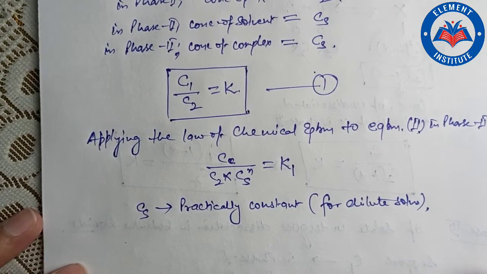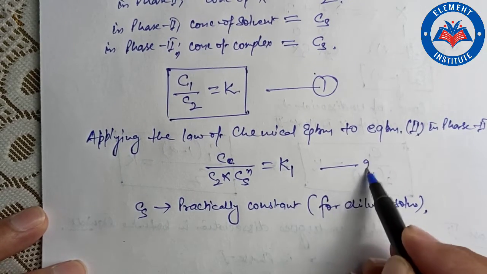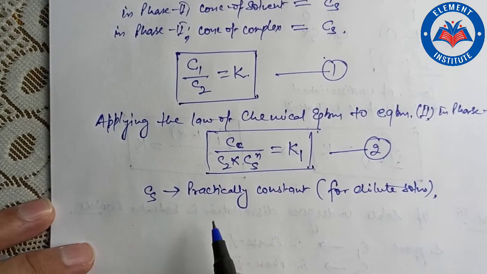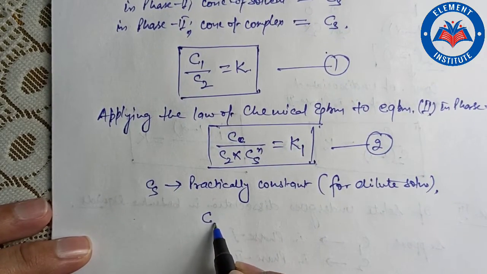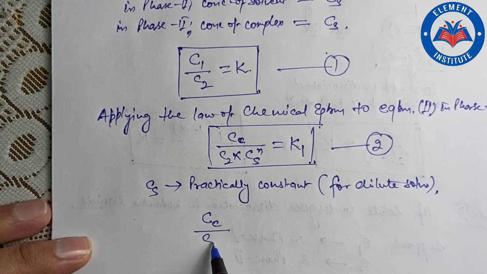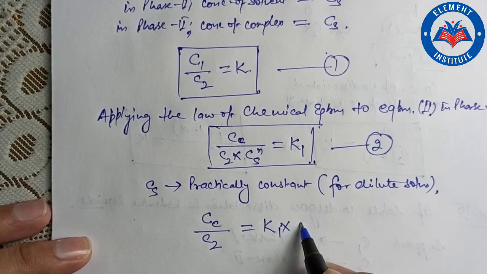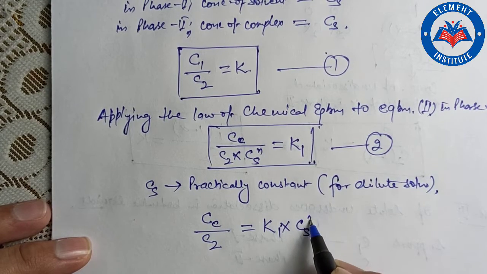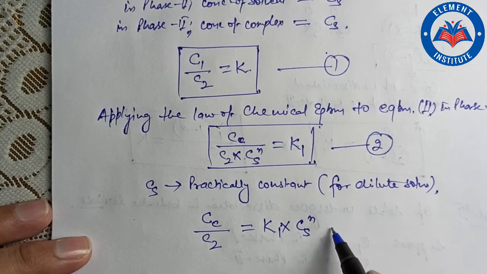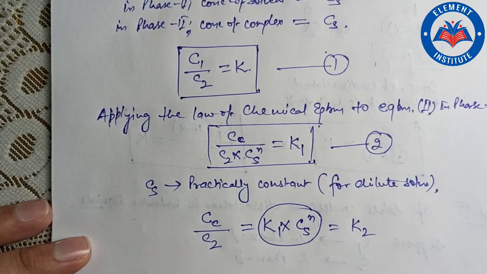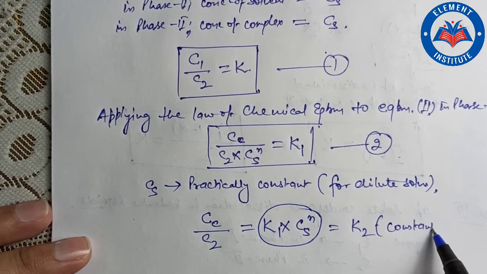Okay, so equation 2 takes the form CC upon C2 is equal to K1 into CS raised to power N. So it is a new constant, that is K2, which is also again a constant.